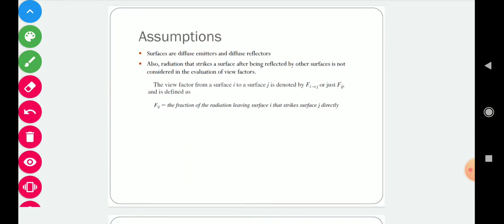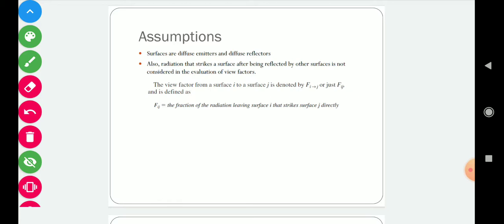While deriving the equation for the shape factor, we made several assumptions to keep the derivation simple. The first assumption is that surfaces are diffuse emitters and diffuse reflectors.